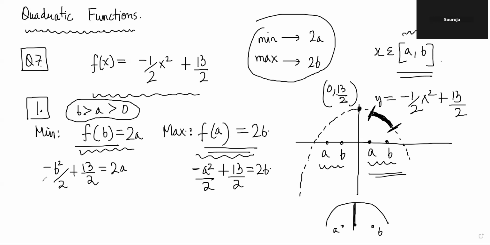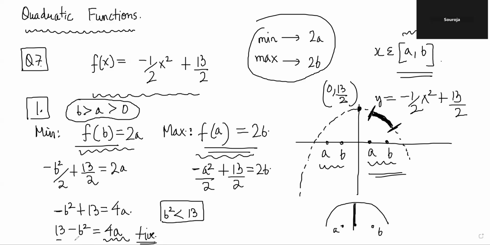If you multiply by 2 everywhere, minus b square plus 13 is equal to 4a. And we are getting 13 minus b square is equal to 4a. And now in our case, a is positive. So the right hand side is positive, right? So b square is coming less than 13, because the left hand side should also be positive now.